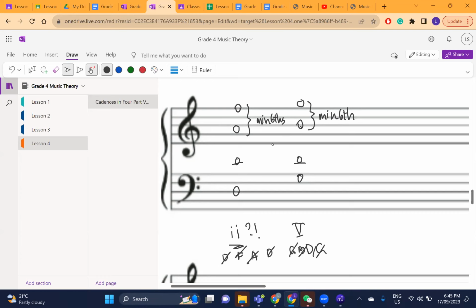But maybe the effect of a 2 to 5 is slightly less resolving than what it might be. Let's make this sound better. Let's move that down and move that down.